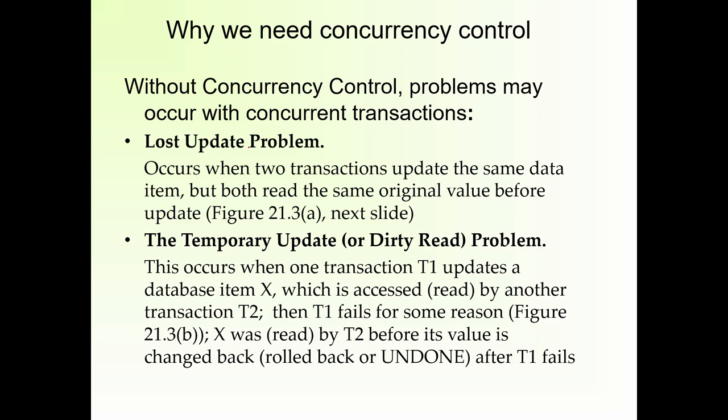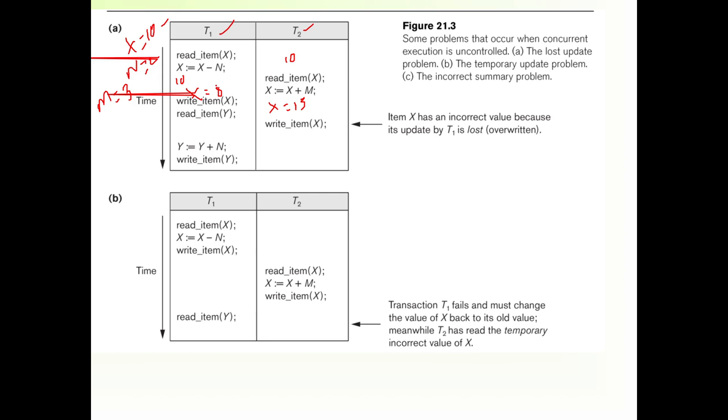If I execute these two transactions, the actual thing is: if I execute T2 first and modify, the next value I get is 13, and for that, if I subtract 2, then I get the value as 11.